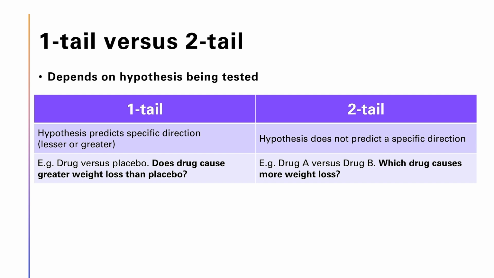An example for a two-tail p-value would be a study comparing two different drugs, drug A versus drug B, instead of using a placebo, and you want to know which drug causes more weight loss. In this case, the treatment effect is unknown to us before doing the study. So we use a two-tail p-value to investigate if there's a significant difference in the weight loss comparing both drug A and drug B.